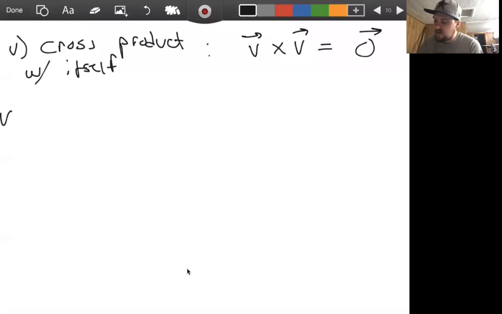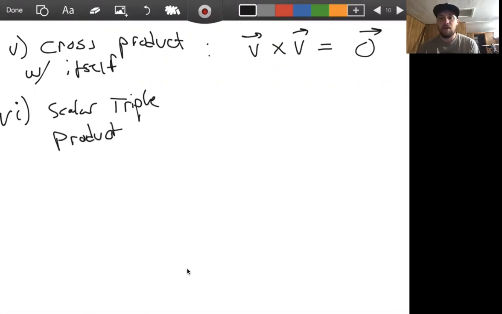The last property I'd like to talk about is a semi-definition, but also a property here, and it's called the scalar triple product. I'll introduce the scalar triple product a lot more rigorously in the next video. But for now, we can just talk about what it is.